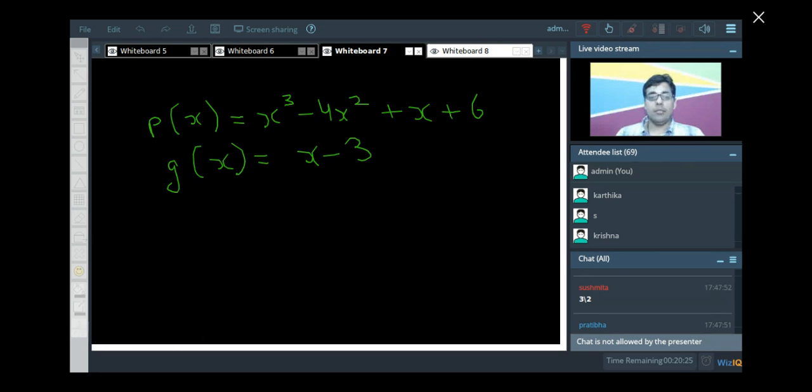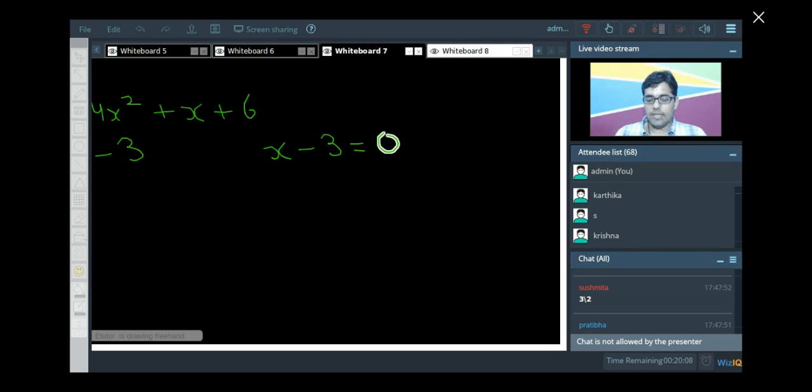Again, we have to check whether g(x) is a factor of the polynomial p(x) or not for this given question. Again, we can use the factor theorem here. So putting x minus 3 as 0, the value of x will become 3.